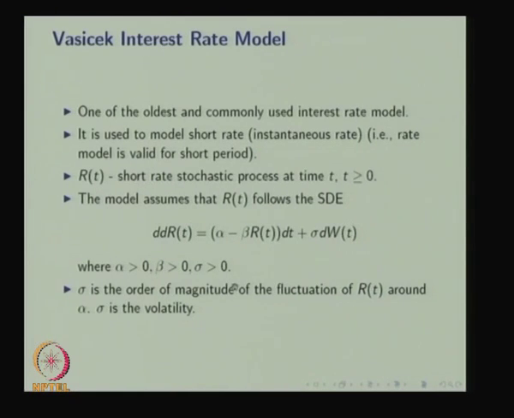Sigma is the order of magnitude of the fluctuation of r of t around alpha. Sigma is the volatility. So we are going to find the solution of this stochastic differential equation.